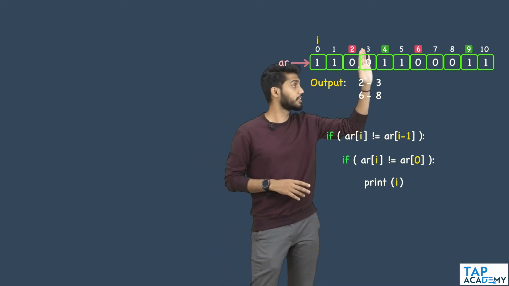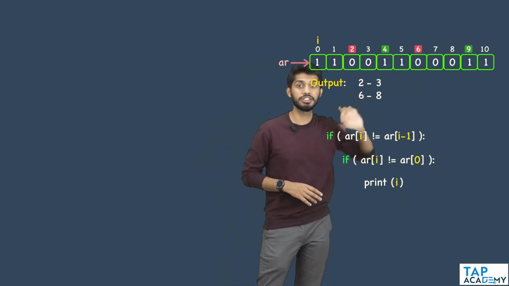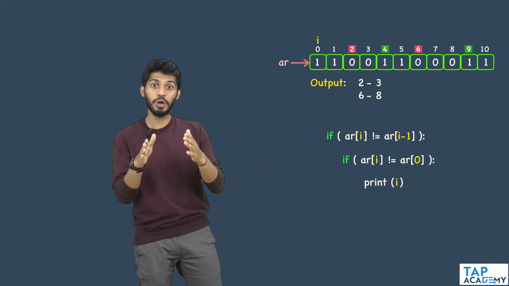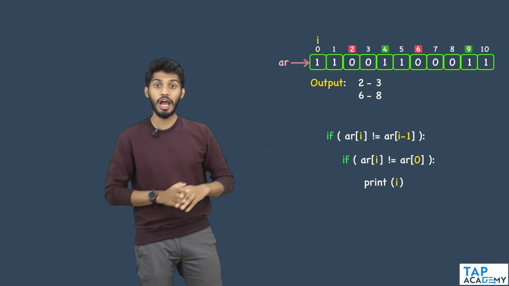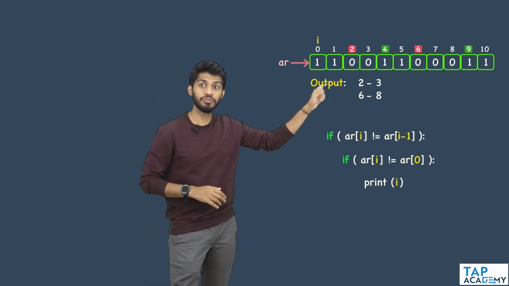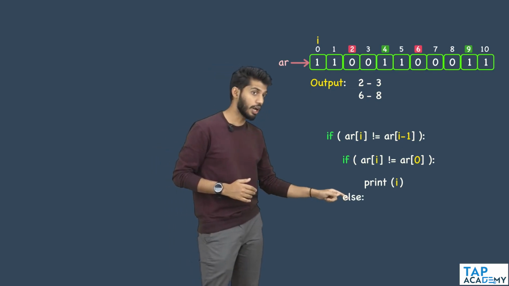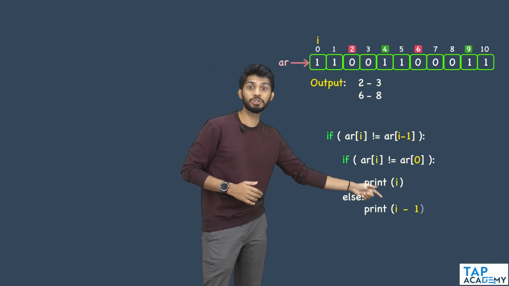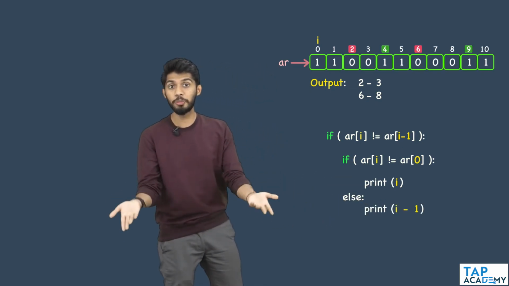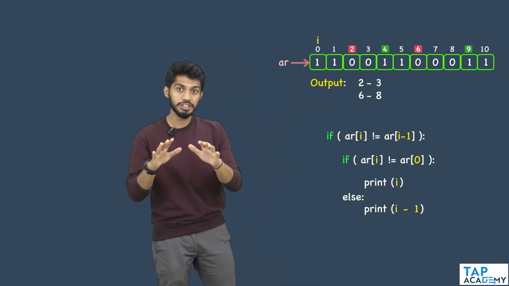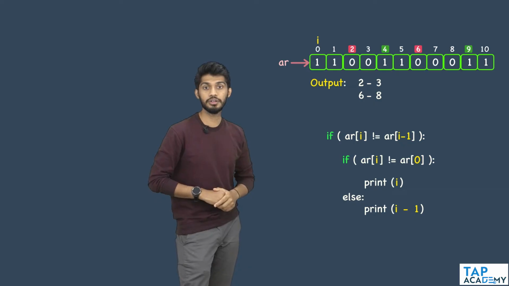It fails in index 4 and it fails in index 9. If it fails in index 4 and 9, I can say that 4 minus 1 is the ending index of 0 and 9 minus 1 is the ending index of 0. So what I need to do is, I will come to else part over here and I will say print I minus 1, and that I minus 1 will actually print me the ending index, that is 3 and 8. So this is the algorithm that I need to write.